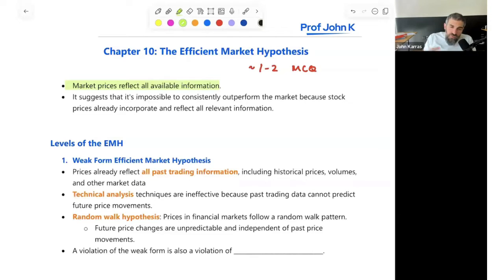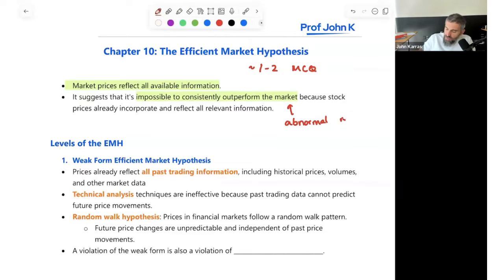And according to the efficient market hypothesis, a market price should reflect all available information, which means it's actually impossible to consistently outperform the market. It's possible to every now and again outperform the market, but nobody should be able to consistently outperform the market and earn what we sometimes refer to as abnormal returns.